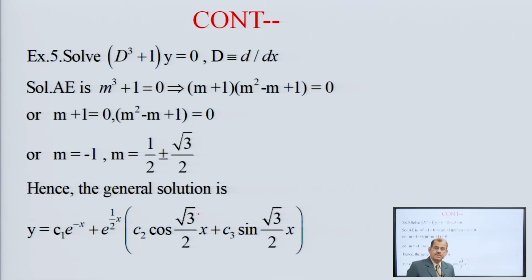Solve D cube plus 1 y is equal to 0, D stands for d by dx. Auxiliary equation is m cube plus 1 is equal to 0.